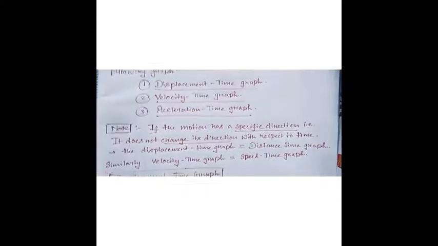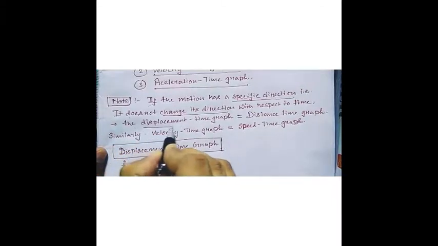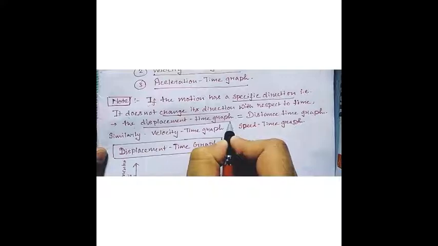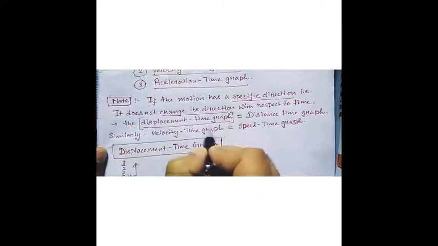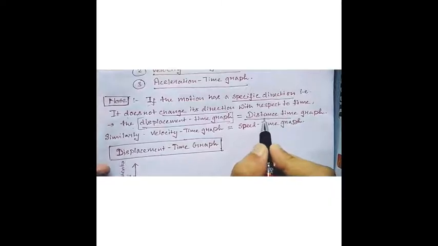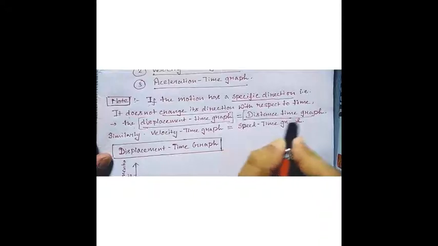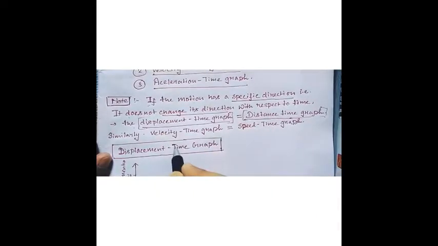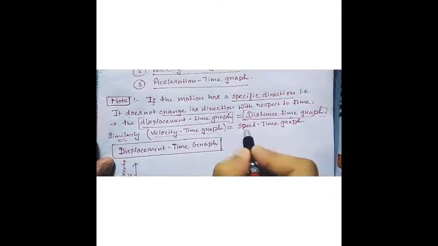So in this condition, the displacement time graph is the same as the distance time graph. I hope you will understand. And similarly, the velocity time graph is the same as the speed time graph.